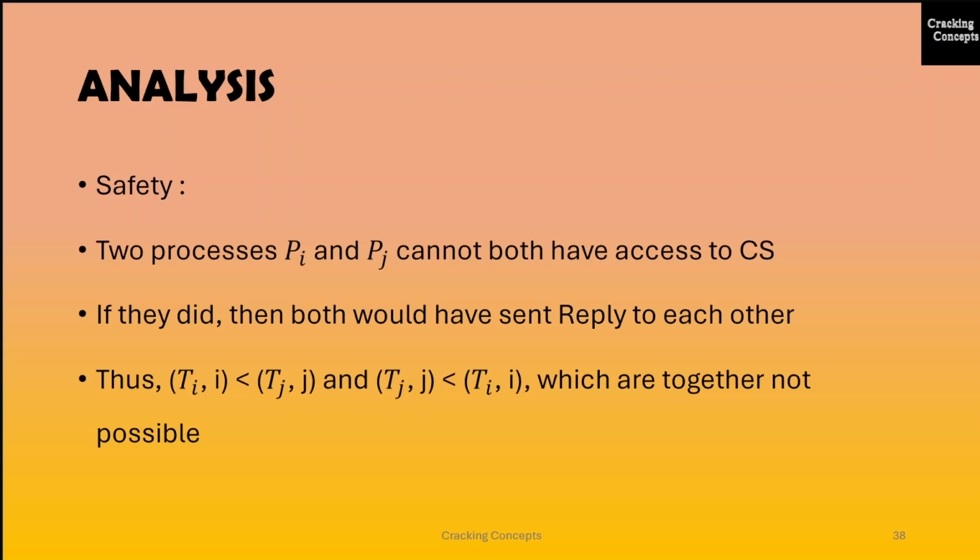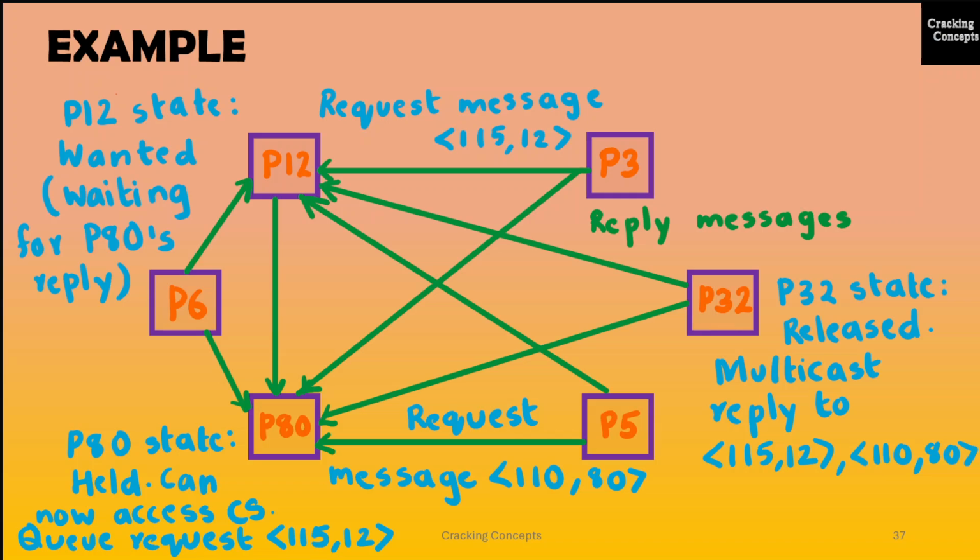Now let us analyze this algorithm. Looking into the safety property, two processes Pi and Pj cannot have access to the critical section at the same time. If that were the case, then both of them would have to send a reply to each other. That is the case we saw here between P12 and P80.